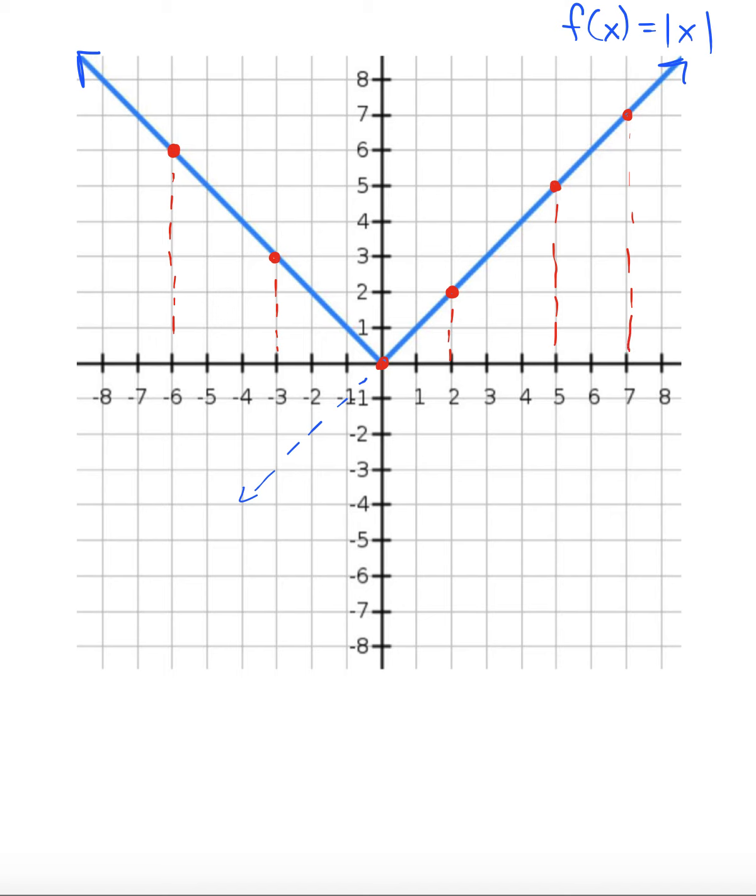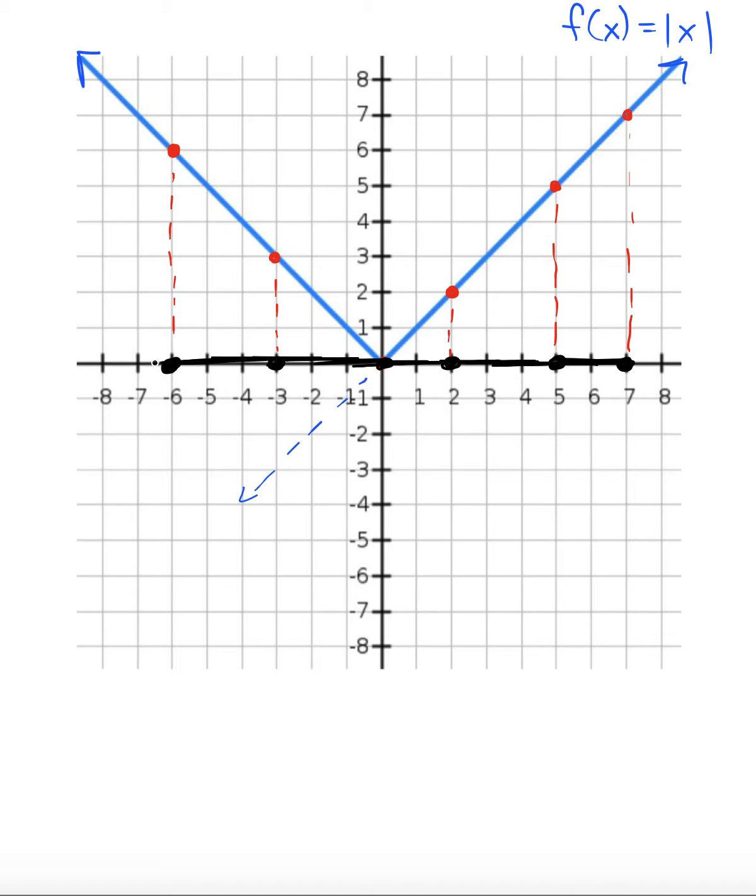Any x values apparently are allowed. So put dots where your allowed inputs are. And keep in mind that these are not the only allowed inputs. We could have arbitrarily picked anything between those values.